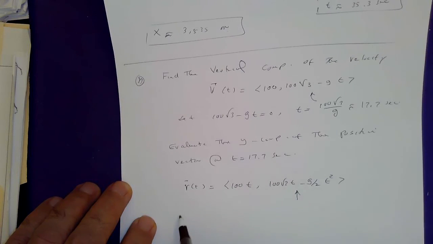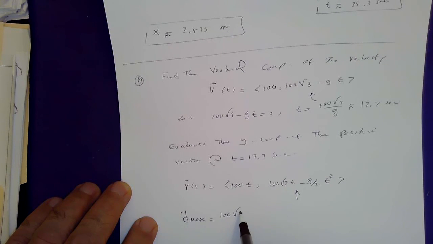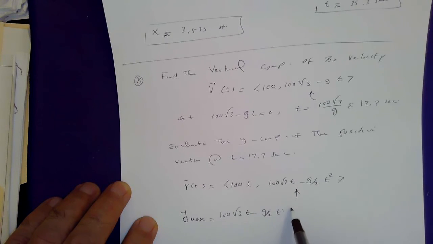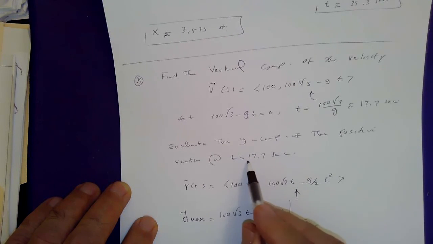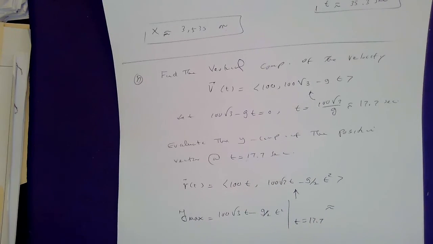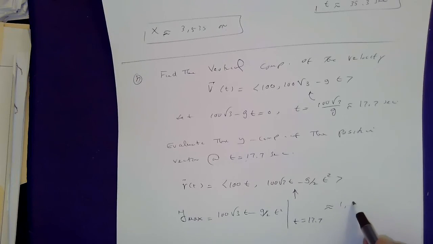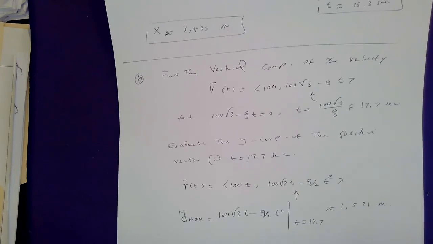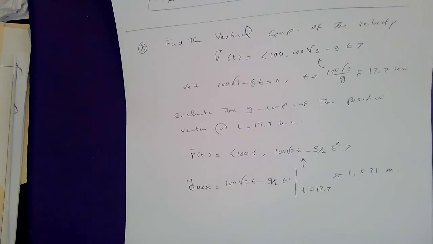Here is the y component. So y maximum is 100√3 t − (g/2)t², evaluated at the time it took the mass to reach its maximum height. And this guy, if you do it correctly, comes up to 1,531 meters. So there you have it.